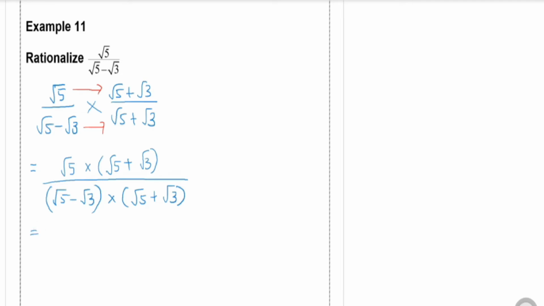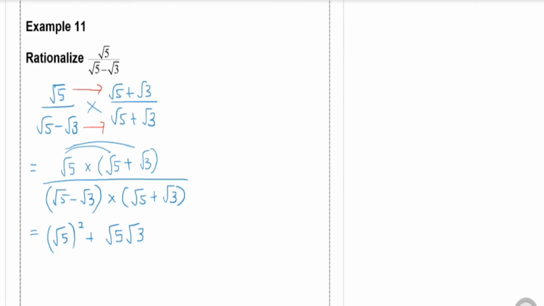For the numerator, we can just expand the bracket. So it will be √5 squared plus √5 √3.